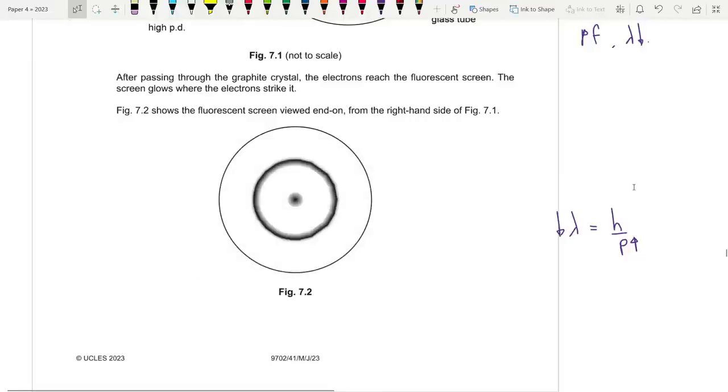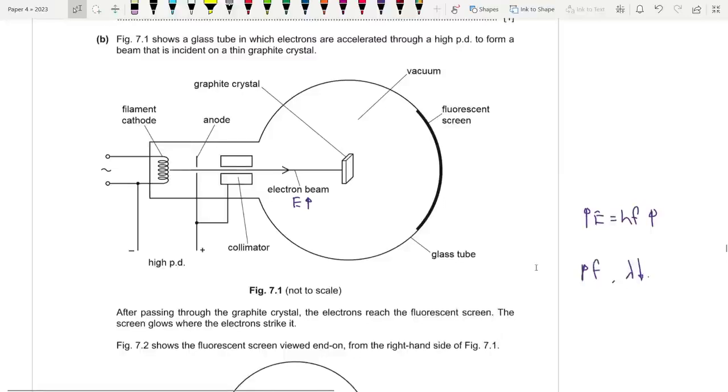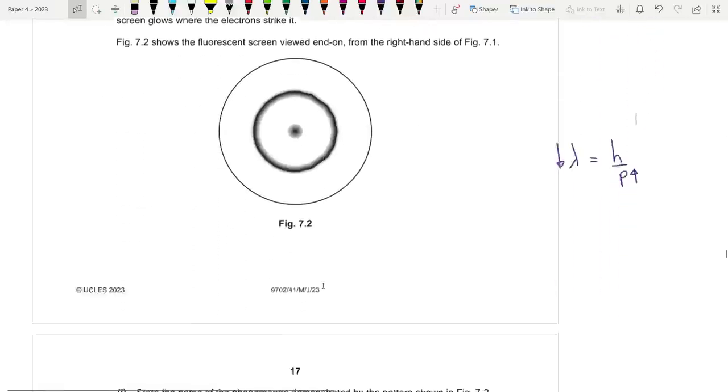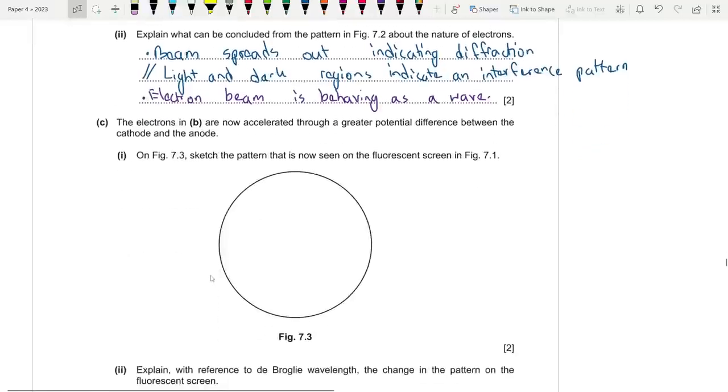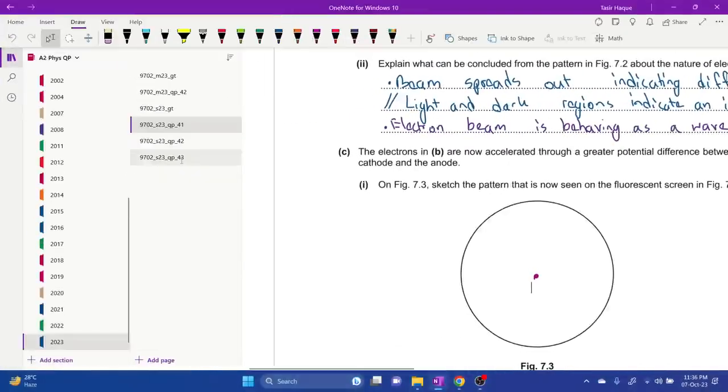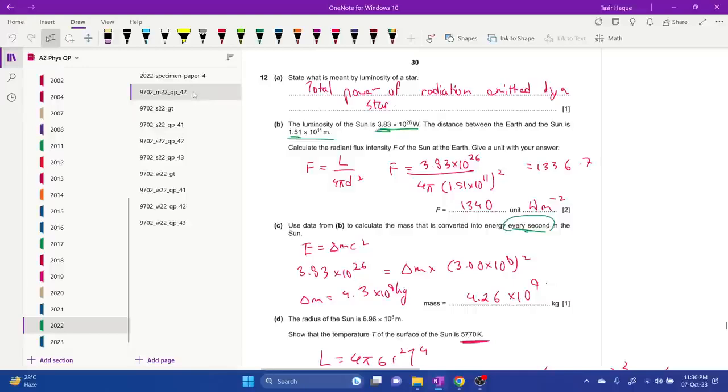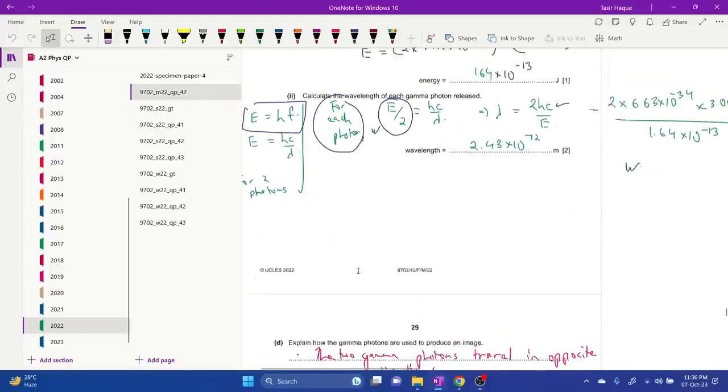So this is the pattern. We need a central blob at first. I can actually show you an example, Feb March 2022.